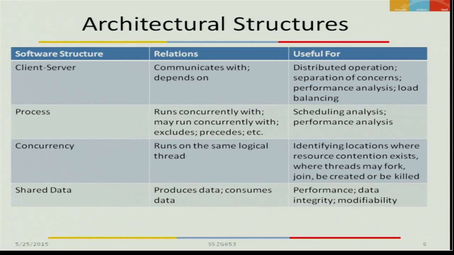If a concurrency view is drawn, that view can be used to analyze certain characteristics like where the resource contention might exist, where the threads are going to fork or join, etc. So those analyses are possible. In the shared data, again, it can be useful for performance, data integrity, even modifiability.